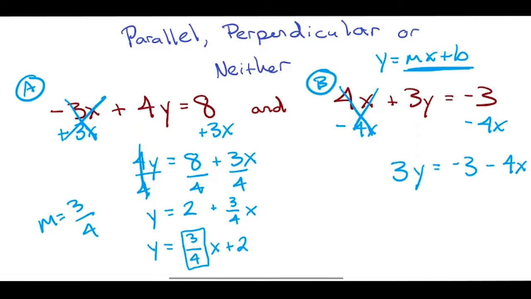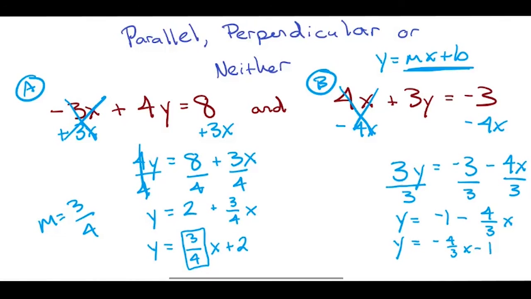Now I want y to be by itself, so I'm going to divide it by 3, and I will divide everything by 3. So y equals -1 minus 4/3 x. I'll put that in the right order, so it's -4/3 x minus 1.